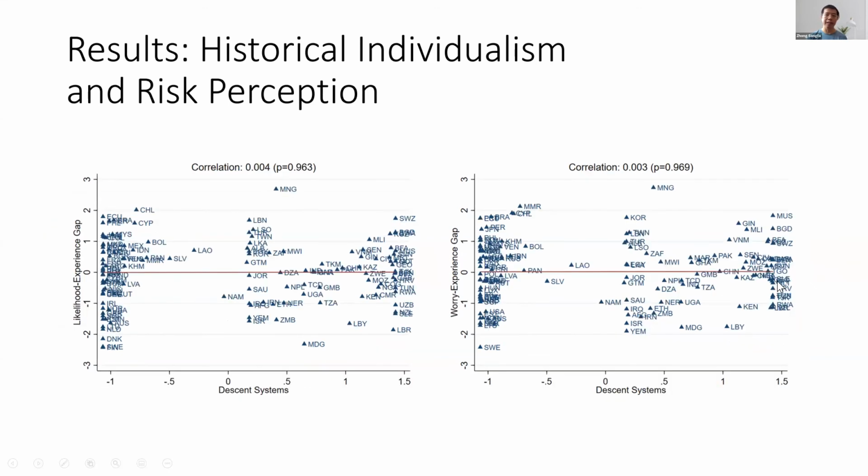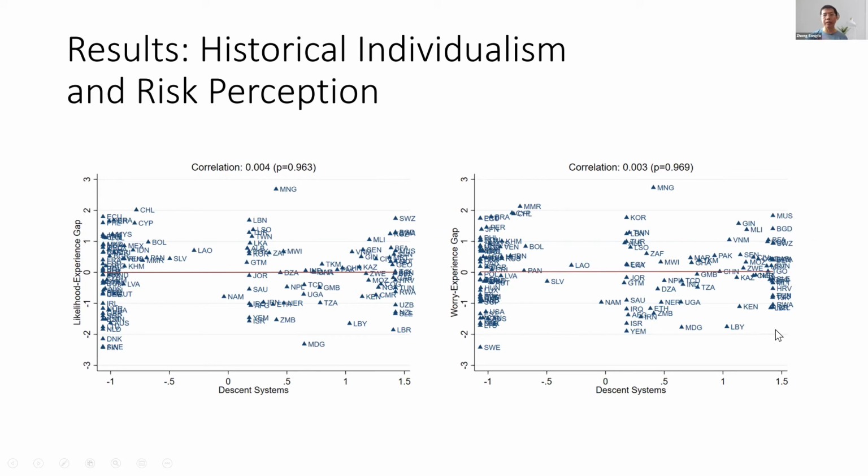When we move to the second subscale of kinship tightness, the descent system, we can see that the correlation is literally, I guess, 0. So overall, we see that contemporary individualism tends to have a stronger link with risk perception differences around the world. But for the historical individualism measures, the correlation tends to be small.